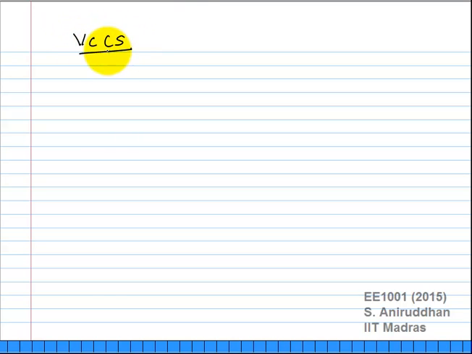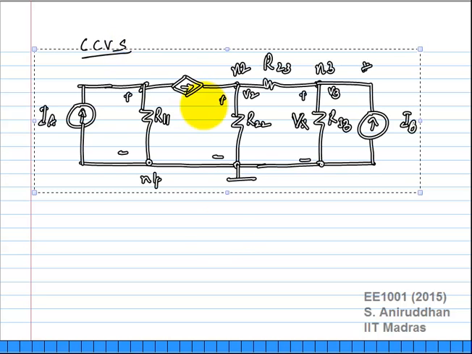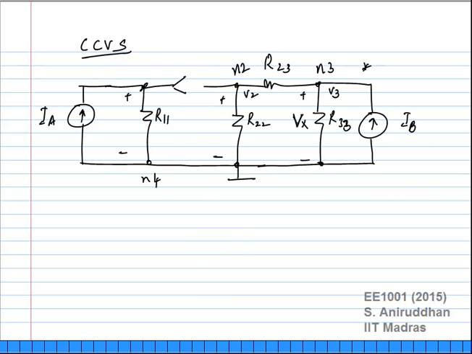What if you had a current controlled voltage source? So that would be some Rx times Ix.